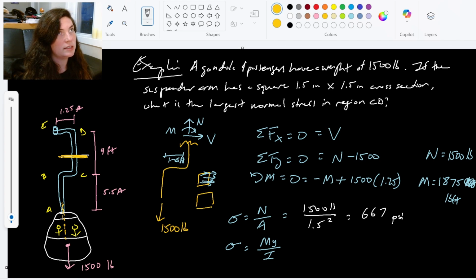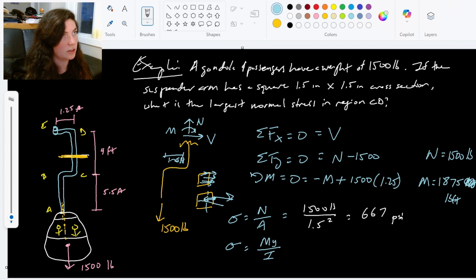All right, so we take a cross-section. I know that at the outer edge, it's going to be greatest. And then as I go towards the centroid, it's going to get smaller and smaller till it's 0 at the centroid there. And then it reverses direction, right?